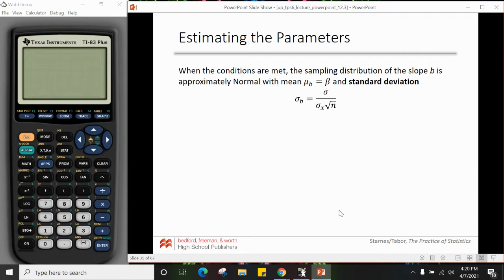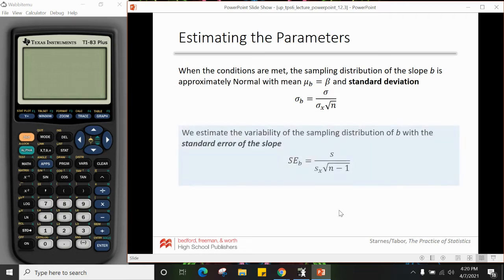So when conditions are met, the sampling distribution of the slope b is approximately normal, with the mean of b equaling beta and the standard deviation being this formula here. We estimate the variability of the sampling distribution of b with the standard error of the slope.